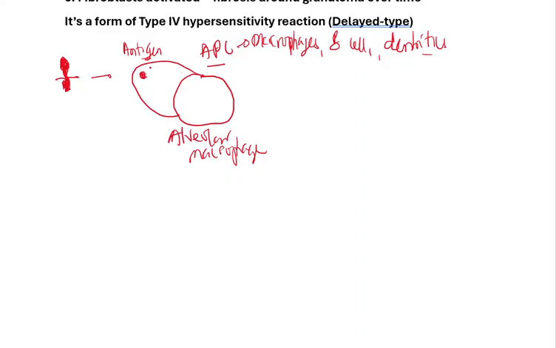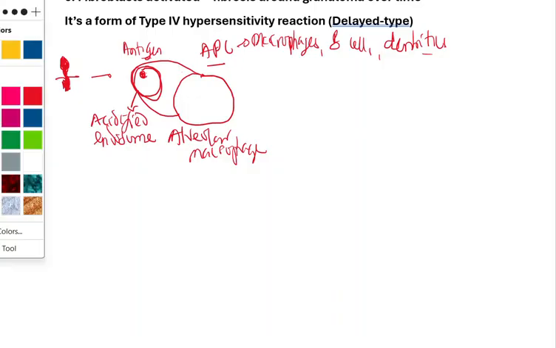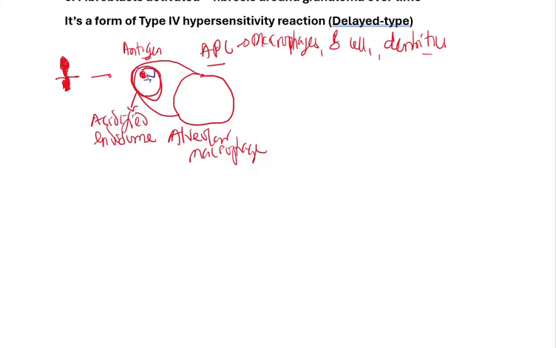And then once it phagocytoses it, that antigen is going to go inside the macrophage into what we call the acidified endosome. And right inside the acidified endosome, that antigen will be loaded into MHC class 2. Remember, all the antigen presenting cells normally express MHC class 2, and that's what they're going to use to present that antigen.